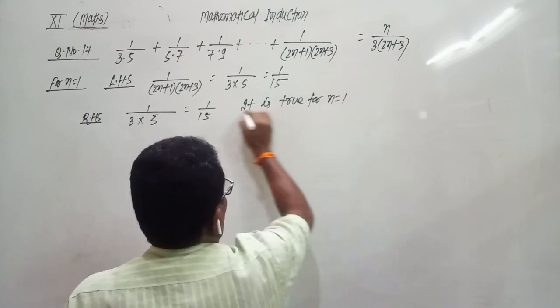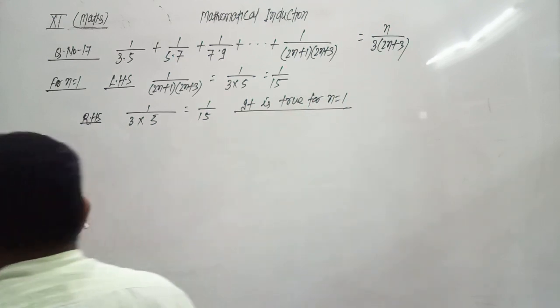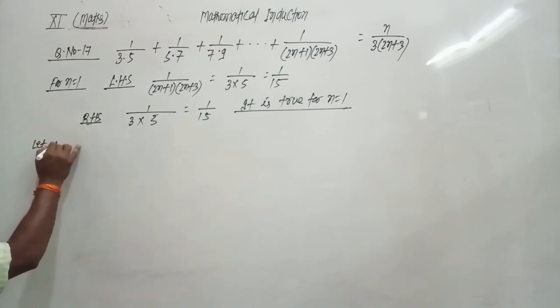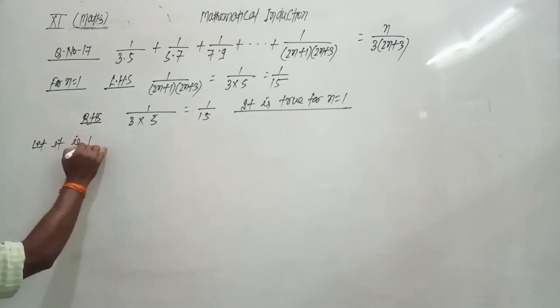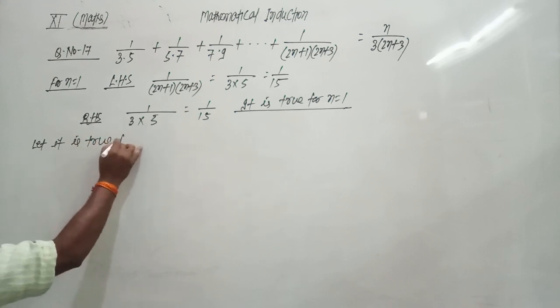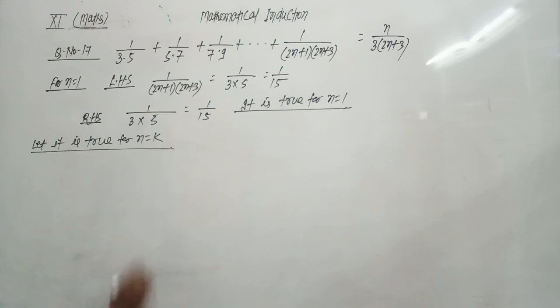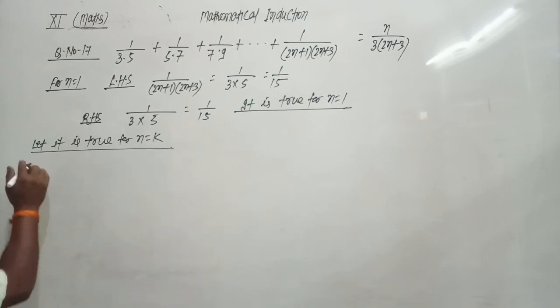n equals to 1. Then we suppose, let it is true for n equals to k. At the place of n, we will write k.